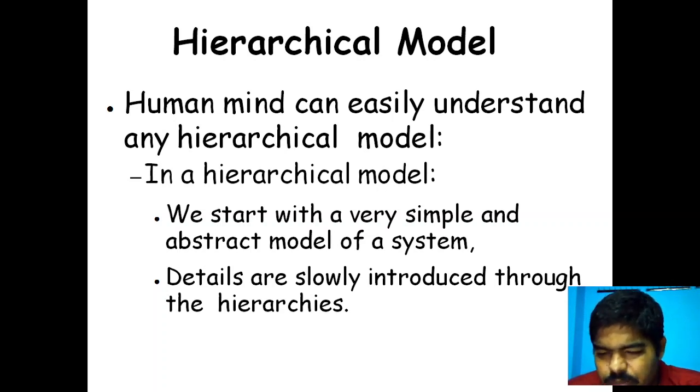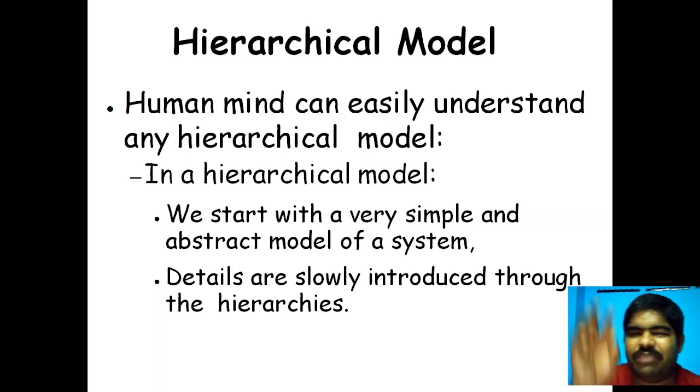Except my father, the remaining ones will be my uncles and aunts. Now if my father has a brother, and the brother has children, what is my relationship with those children? That can be clearly understood. With the tree, with the hierarchical model, it is easy to understand.